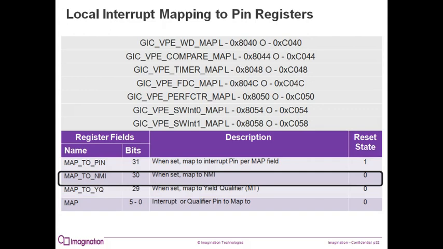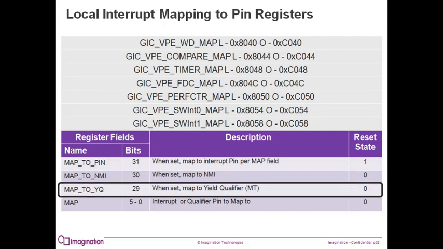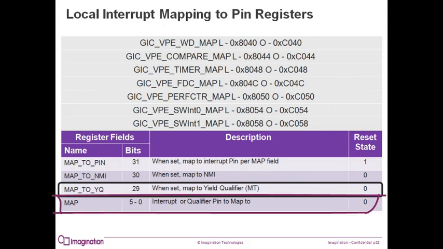The map to NMI bit will map the interrupt source to the NMI input of the processor. The map to YQ should only be used if your multi-core is made up of multi-threaded processors. It will map the interrupt source to one of the yield qualifiers of the VPE that is set in this map field.